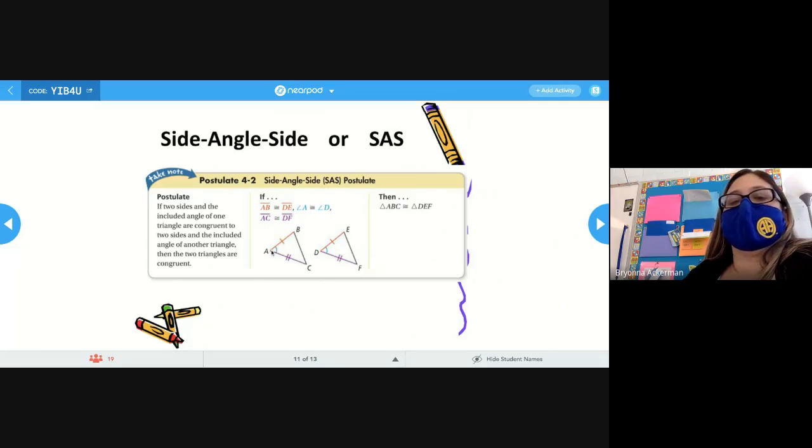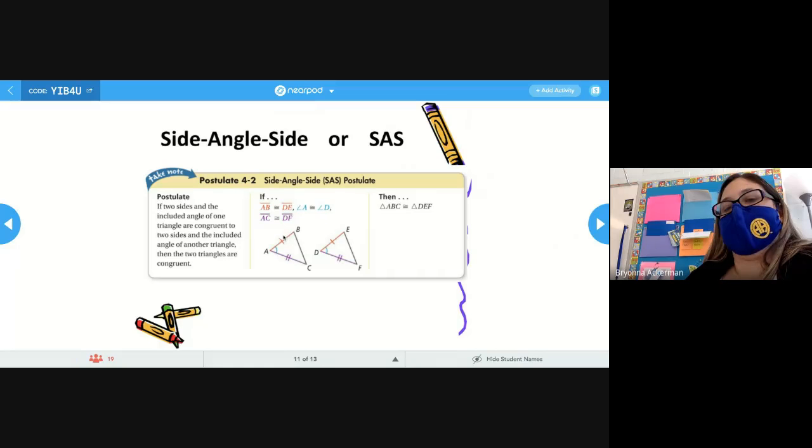So what does that look like? It looks like this. So if side AB is congruent to side DE, that's one side. And then I have side AC is congruent to side DF. That's a second side. And then the angle in between those sides is angle A and angle D, and those are congruent.